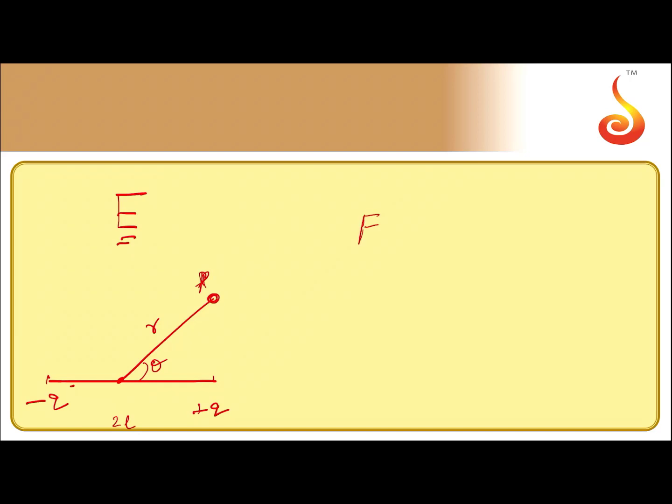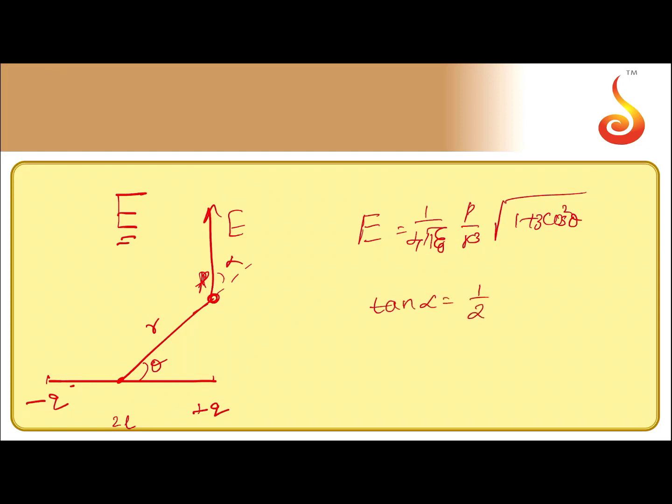Then the electric field at that point is given by 1 by 4 pi epsilon naught p by r cube into square root of 1 plus 3 cos square theta. And if you consider the direction, it subtends an angle alpha which is given by tan alpha equal to half tan theta. Thus, the electric field is inversely proportional to the cube of this distance. So, for a short dipole, E is proportional to 1 by r cube.